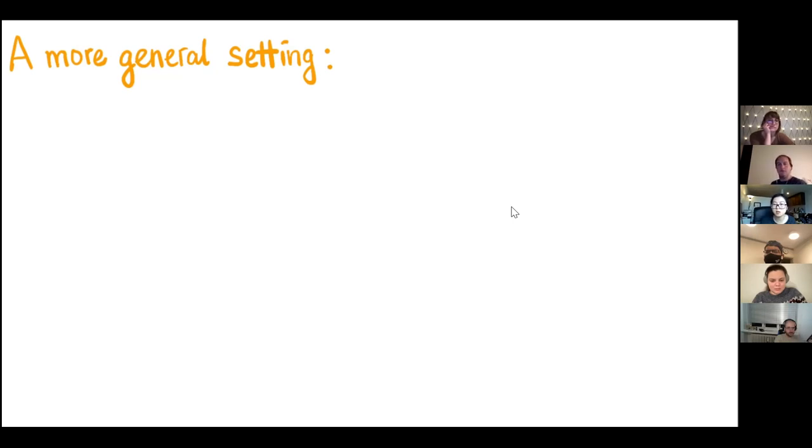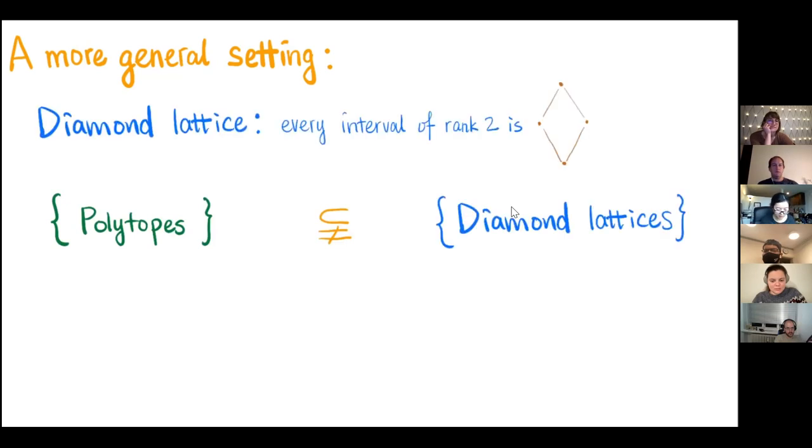So maybe it still holds for larger sets. The larger set we found is the set of all diamond lattices. A diamond lattice is a finite lattice where every interval of rank 2 has exactly 4 elements. So it's of a diamond shape.